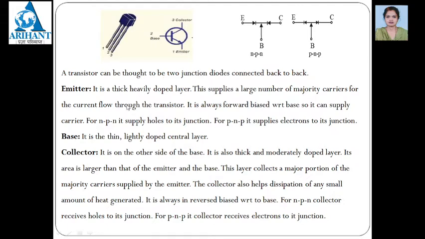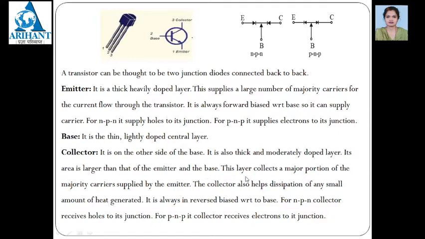The next terminal is the base. It is a thin and lightly doped central layer. And the third is the collector. What does it do? It is on the other side of the base and it is also a thick and moderately doped layer. Its area is larger than that of the emitter and the base. Why?